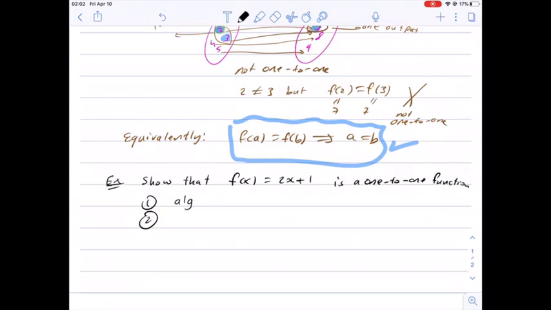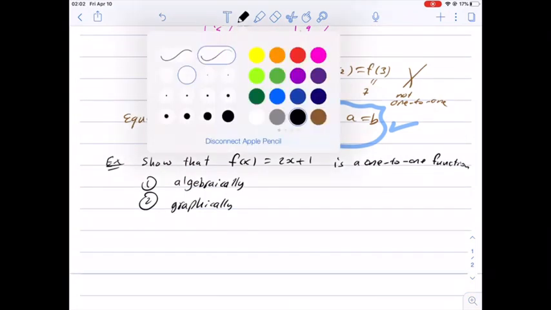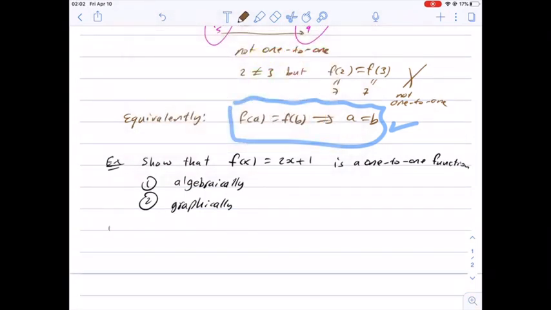We want to show this algebraically and then graphically. So let's start by showing this algebraically. By algebraically, I mean to use this formula or this way of proving one-to-one functions.